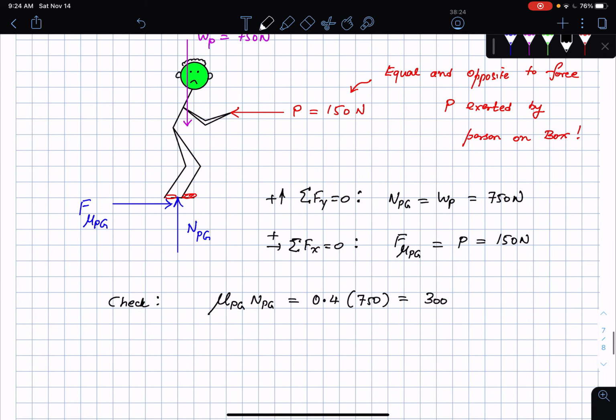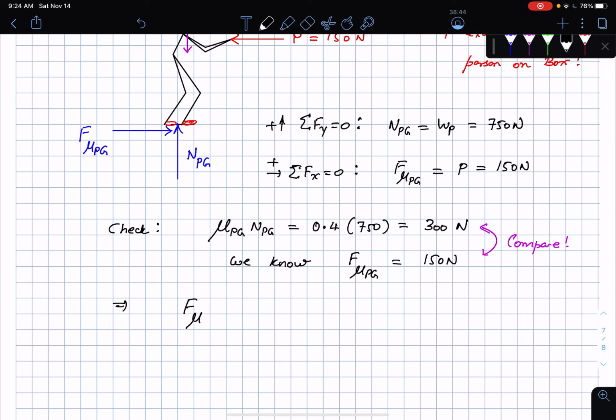And then we know F mu Pg is equal to 150 newtons, which means that I have to compare. If I do the comparison, we end up getting F mu Pg is less than mu Pg times NPG, which means that our assumption is correct. The inequality is satisfied.